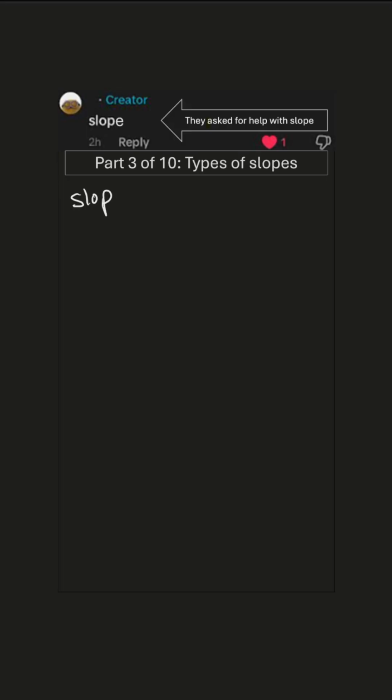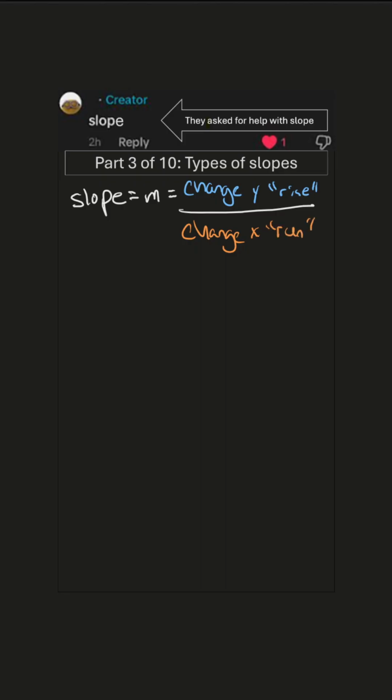Now that we know that the slope equals m, which equals the change in y, which is the rise, divided by the change in x, the run, let's look at some different types of slopes.